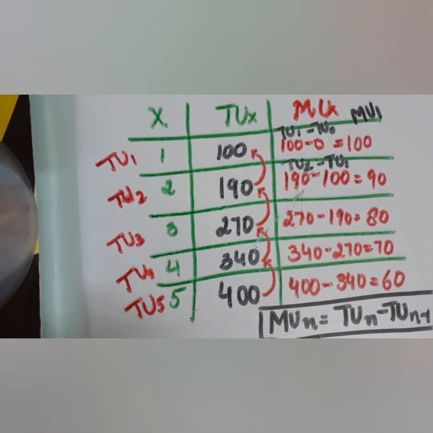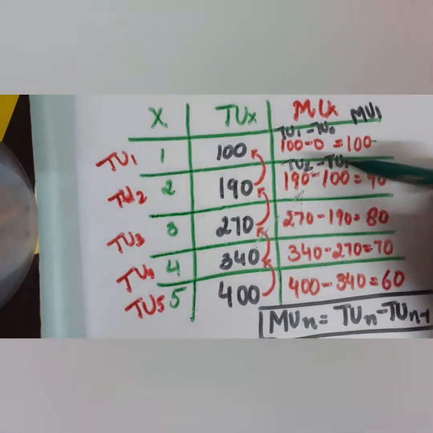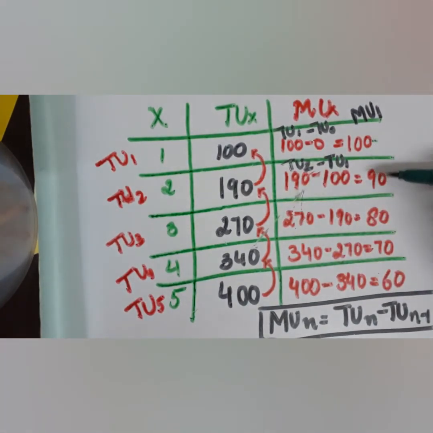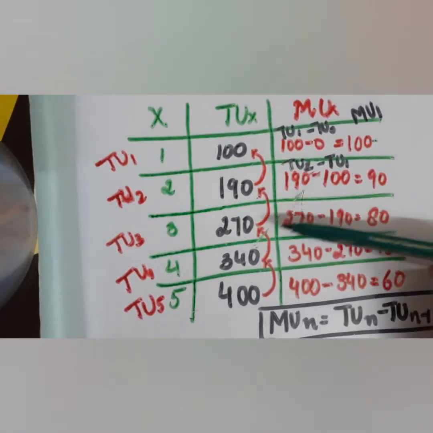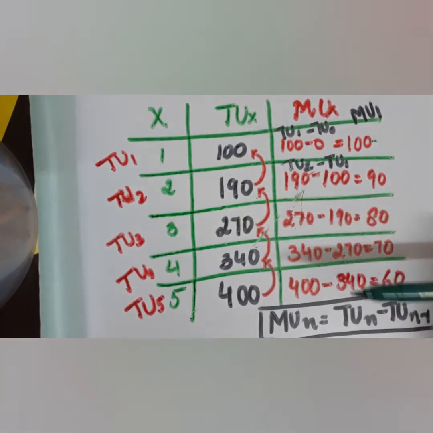So in this way you can calculate the total utility even if the marginal utility is given to you. If I want to find the total utility, I'll be adding. I'll be adding 100, and for the second unit I'll be adding 100 plus 90, that is your 190. Then 190 plus your 80, 270, 270 plus, you have to add it.